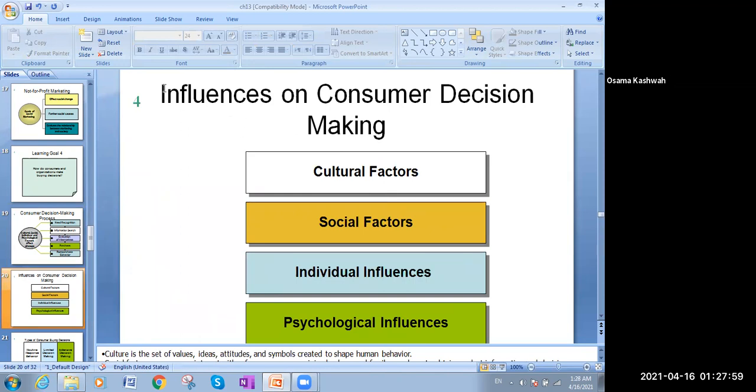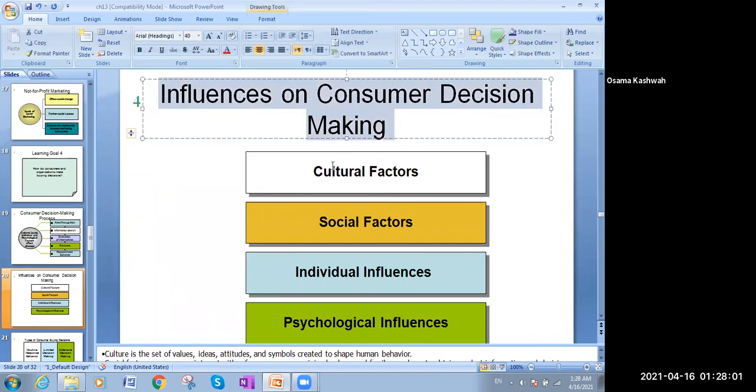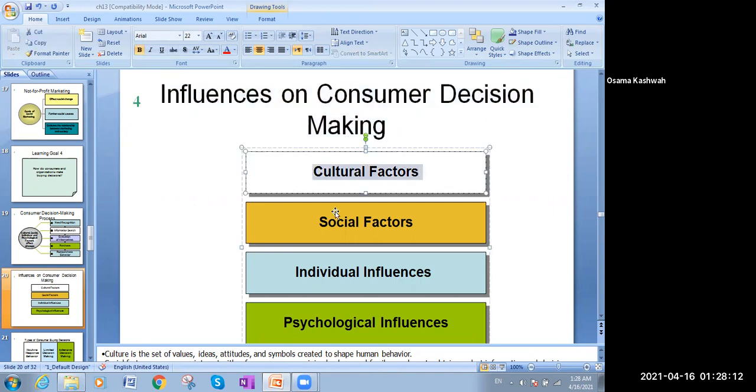Influencing consumer decision making. Consumer decision making about buying a product or not depends on the following factors. Cultural factors. For example, some cultures like the white color, so expect that white will be dominant there.